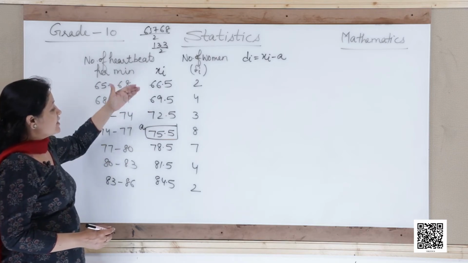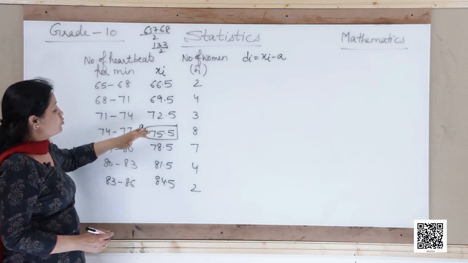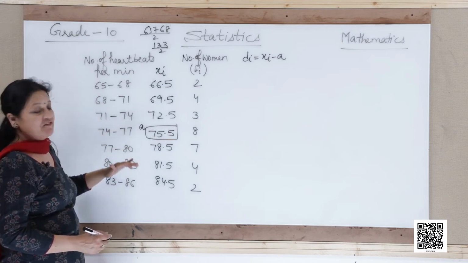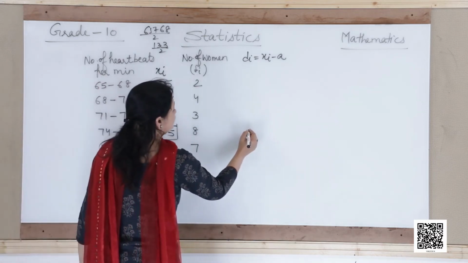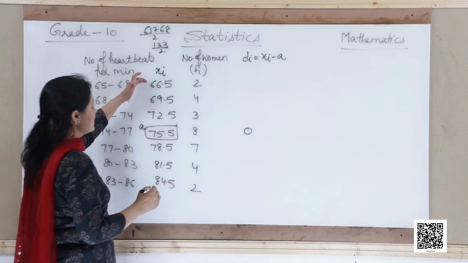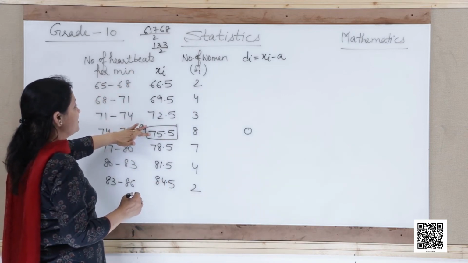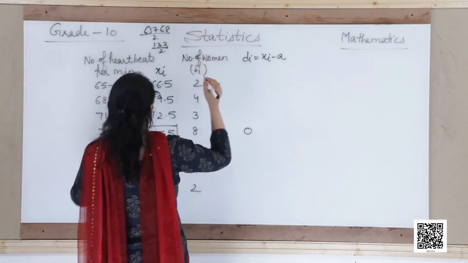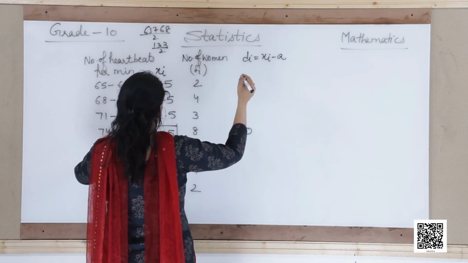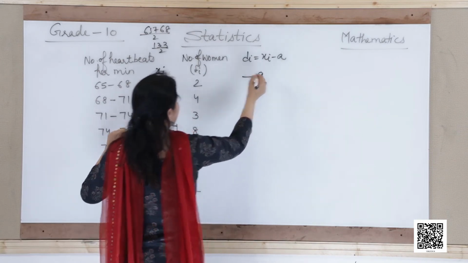Again 69.5 minus 75.5. 72.5 minus 75.5, and when you subtract it from here, further you will be getting 0 here. Now I'll start subtracting from here. 66.5 minus 75.5. How much will you be getting? I'll be getting, it is 66 and 75, it is minus 9.